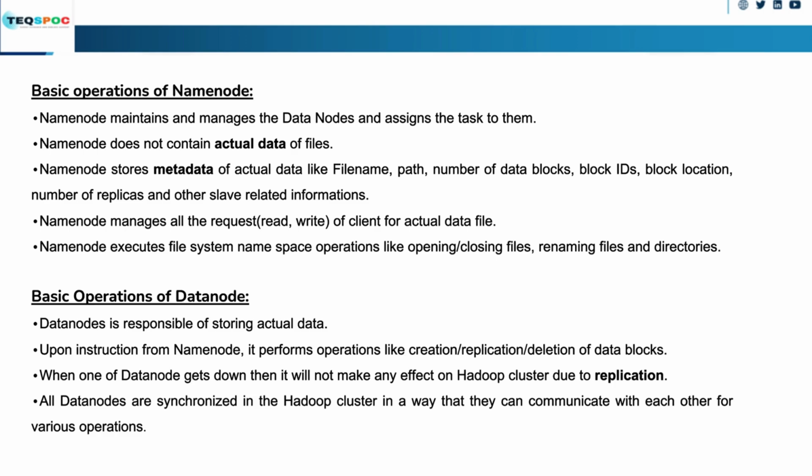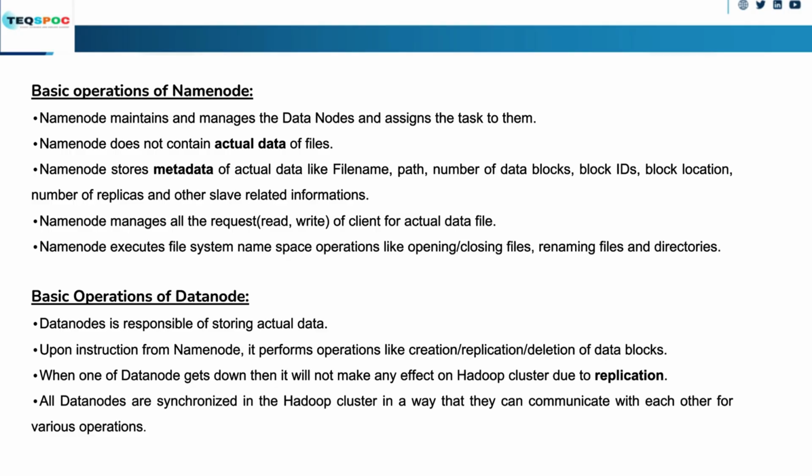NameNode doesn't contain the actual data of files. NameNode stores metadata of actual data, like the file name, path, number of data blocks, block location, etc. NameNode manages all the requests, read and write, of the client for the actual data file. NameNode executes file namespace operations like opening, closing files, renaming files, and directories.